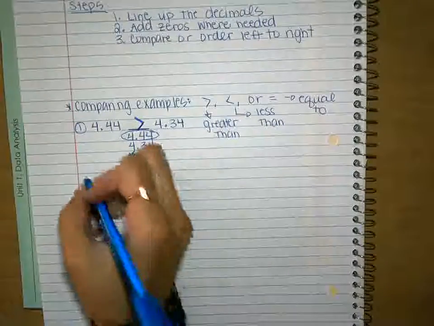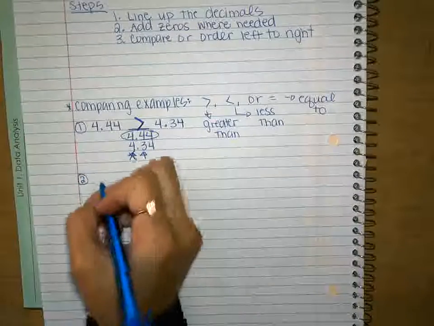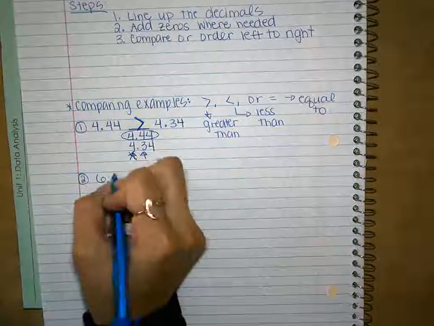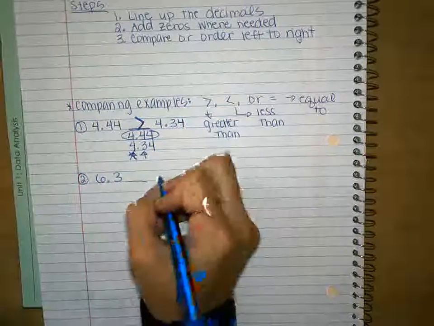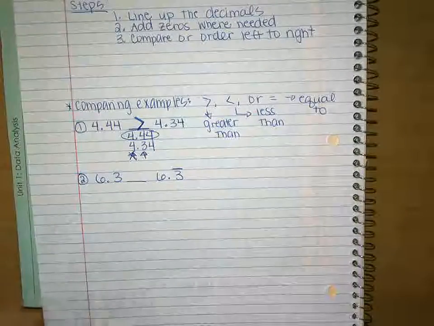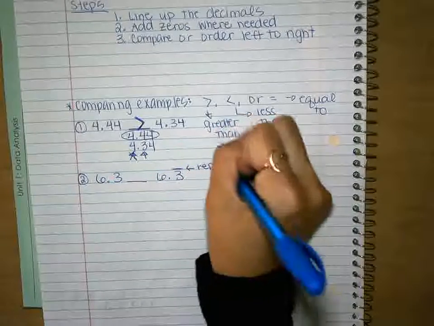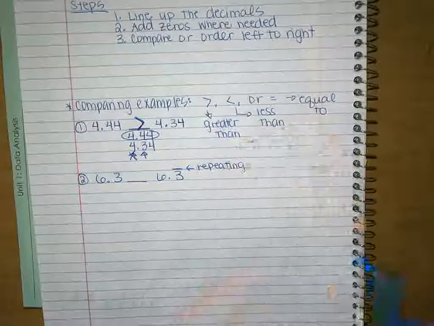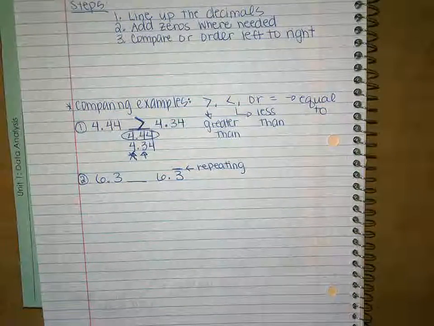So let's try that again. If I give you 6.3 compared to 6.3 with a line above it. That line above it means that it is repeating, meaning it's continuing on and on forever and ever, and it is never ever going to stop.